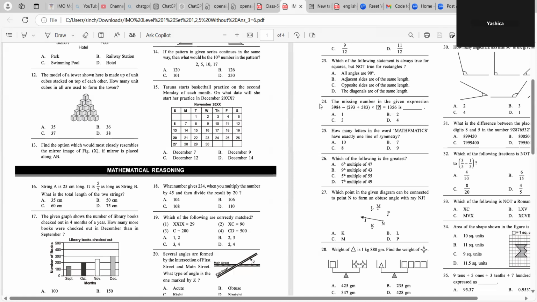Ma'am, I could not figure it out, so what I did was 293 plus 583, then subtract it from 3984, and then I divided 1356 by that number.